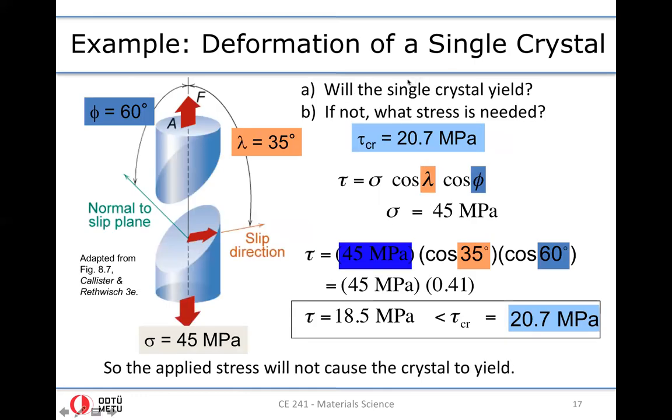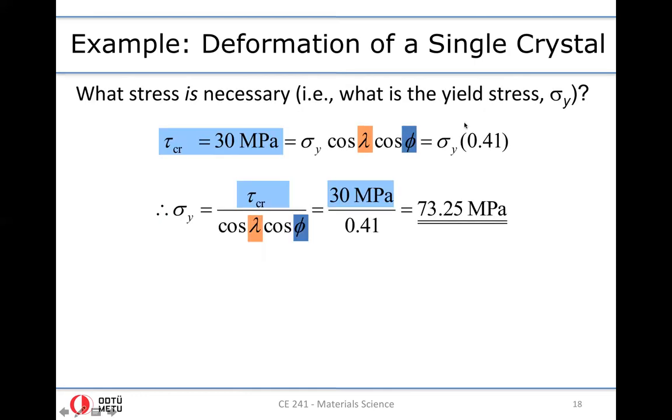So the next part is, if not, what is the stress needed to initiate the plastic flow? In this case, I use a different critical resolved shear stress value, which is 30 megapascals, and this now appears on the left-hand side of this equation. And here we have the externally applied stress, that is in this case denoted by the yield stress, right? That is what we measure. And we have the Schmid factor, which is 0.41.